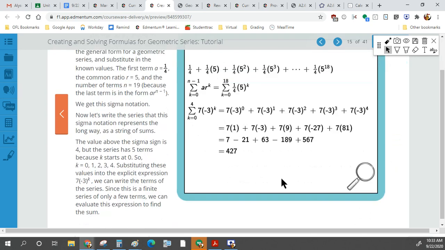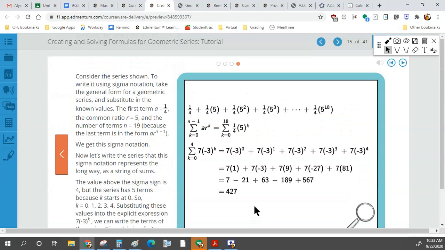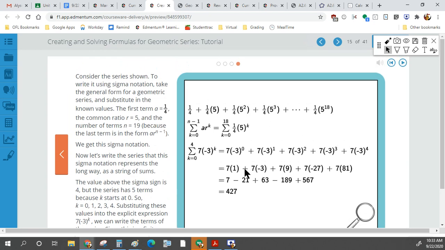This takes a while, so they're going to show us an equation that goes through how to do this instead of having to do it every single time over and over again. Notice how they start at 0 for this one, so you always want to pay attention to this. If it's 0 to 4, that means there should be 5 terms: 1, 2, 3, 4, 5, because we're starting at 0 and also including 0.